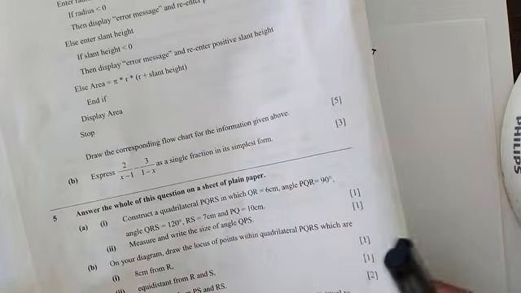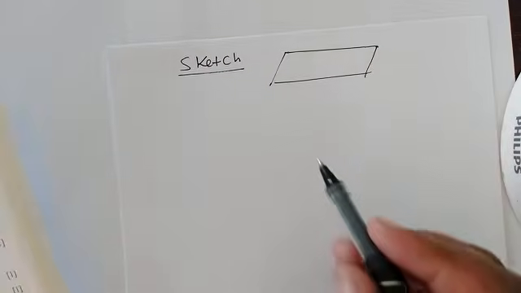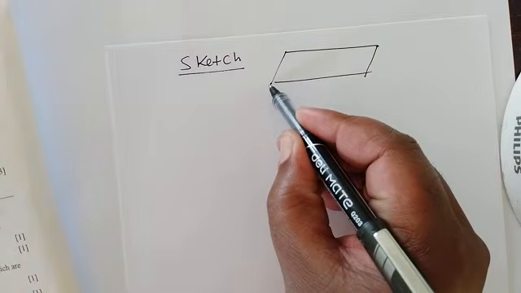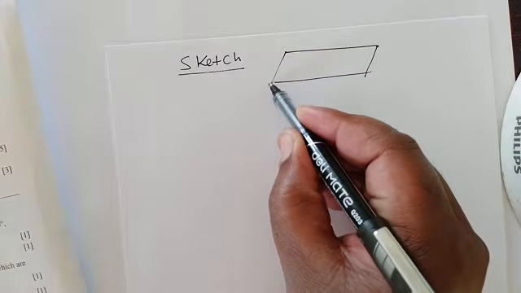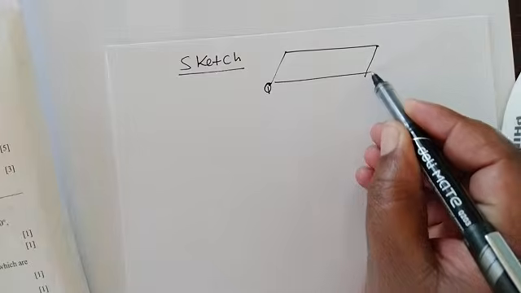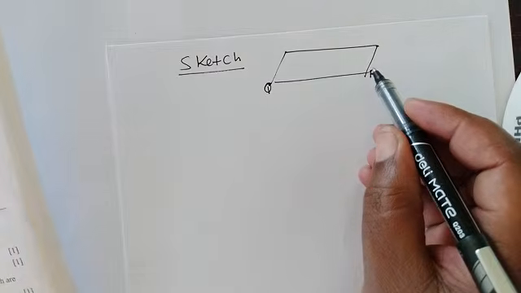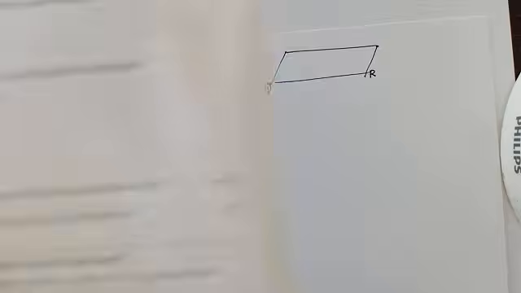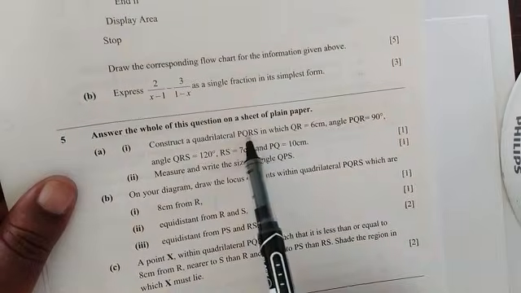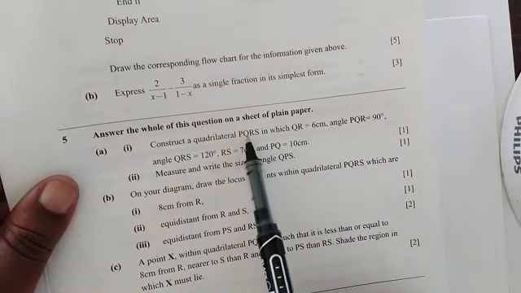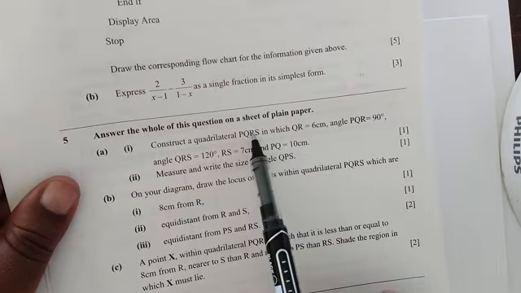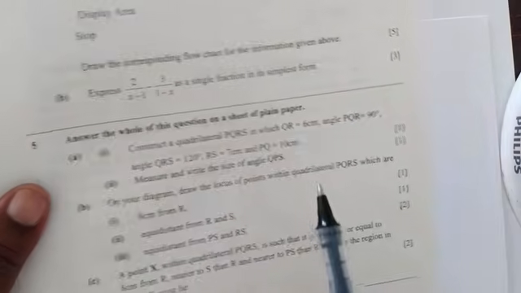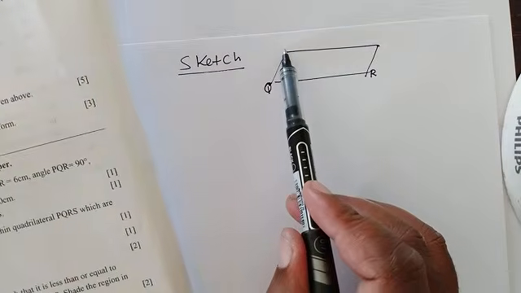So what you can do is say, maybe let this be my Q. And this is your R. Okay, so simply, since this is quadrilateral PQRS, meaning that you need to have P here, right?